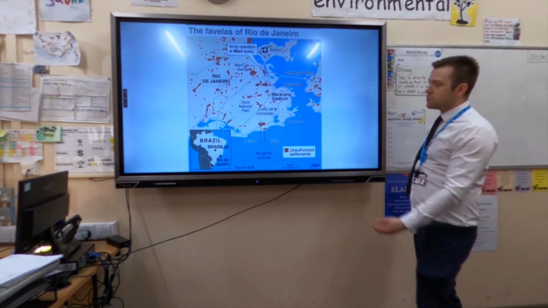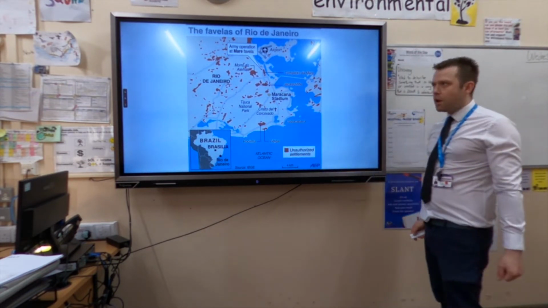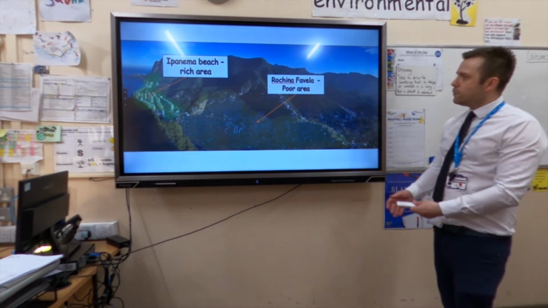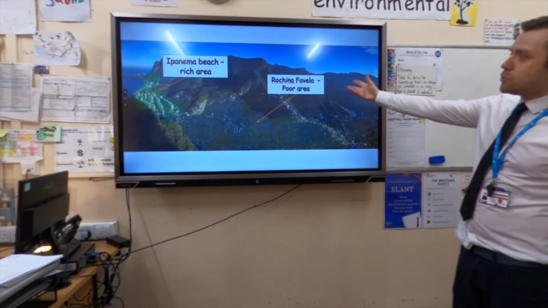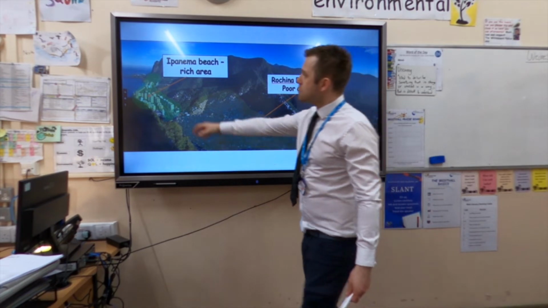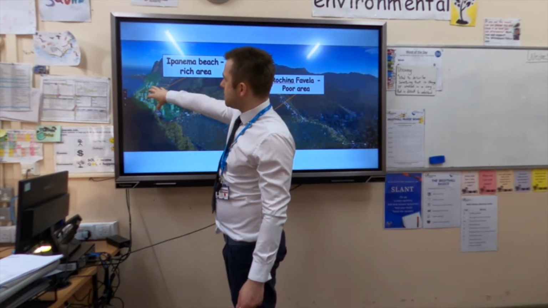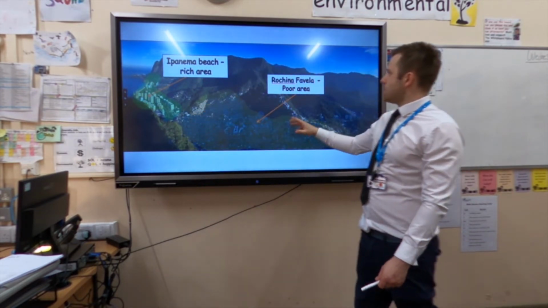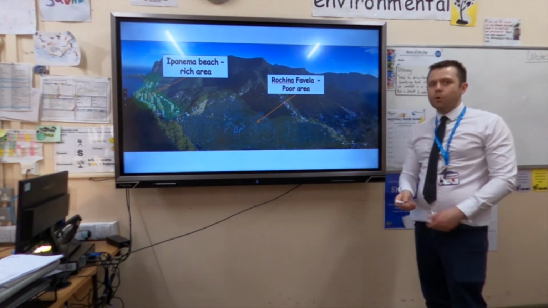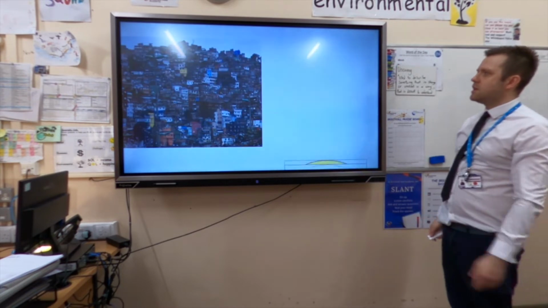The biggest one is called Rocinha, and that's what we'll be learning most about. If we look at how much of a contrast there is, here's Ipanema Beach with the beautiful hotels and apartments, plenty of money, rich. Right next to it is Rocinha, a really poor favela. So the contrast is stark.